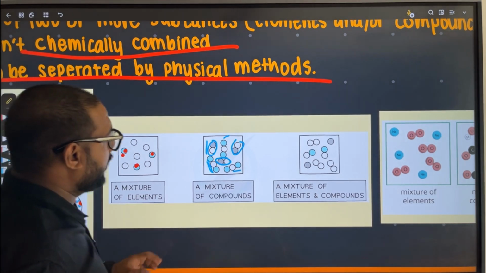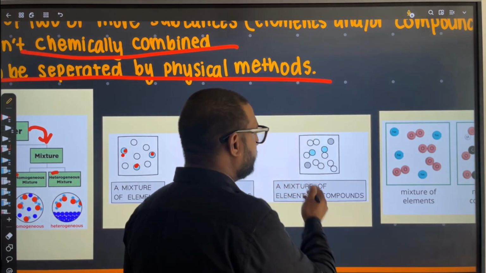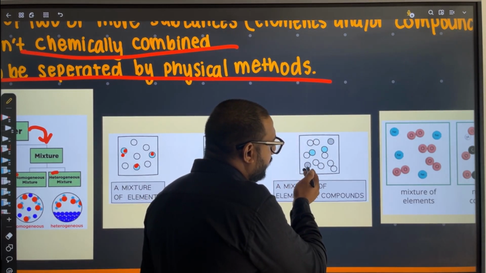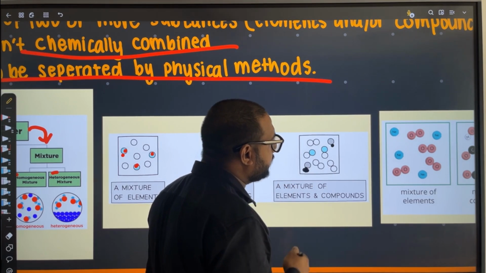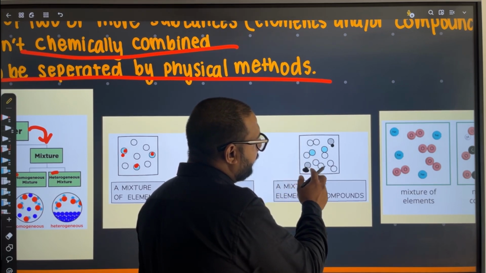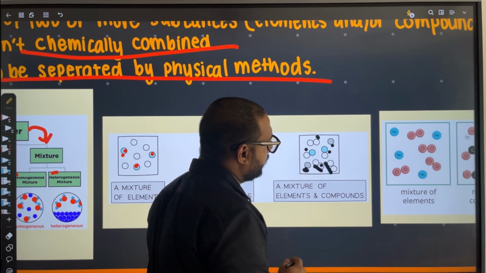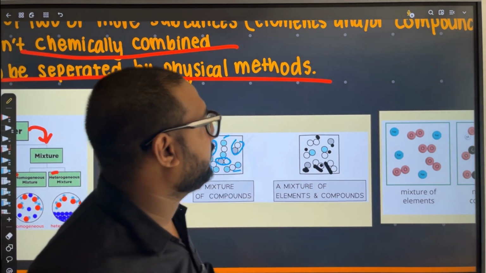So this is a mixture of compounds, and here you have a mixture of elements and compounds. Why? Because here you can see elements which have single atoms, and here you have different compounds. So this is a mixture of elements and compounds.